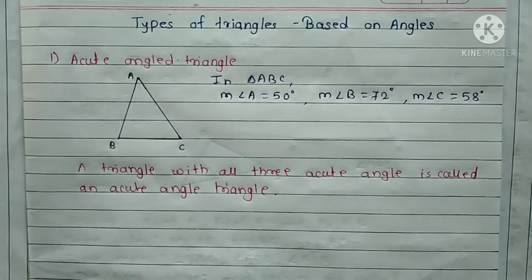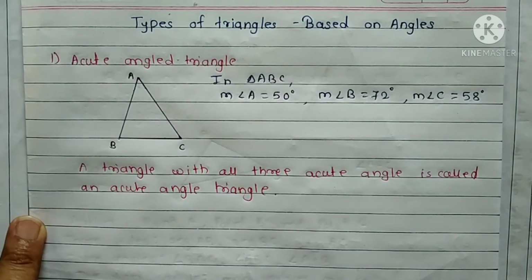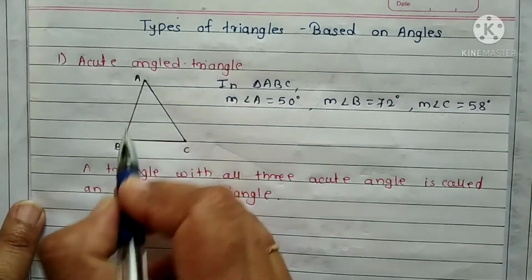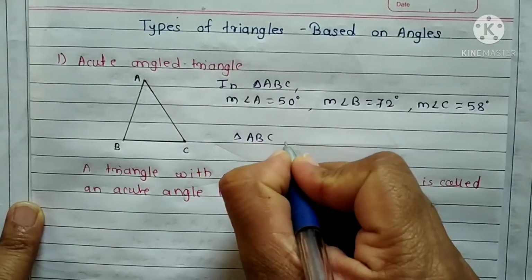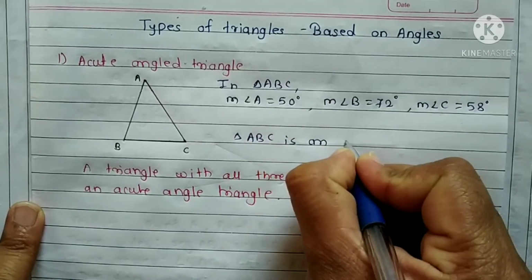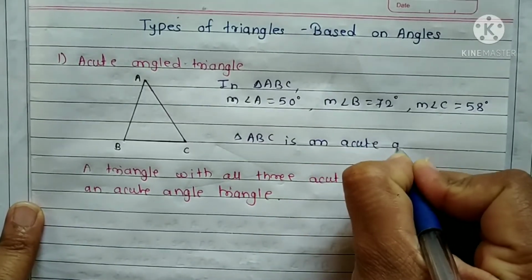Okay, so as per our definition we can say that this triangle ABC is an acute angle triangle.